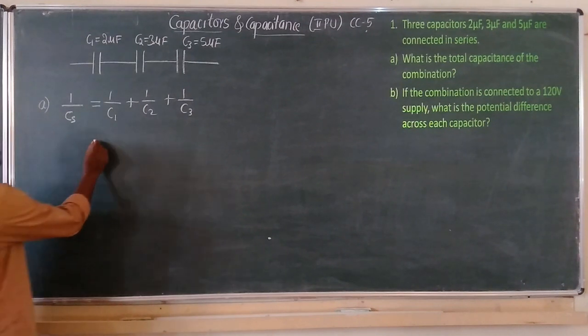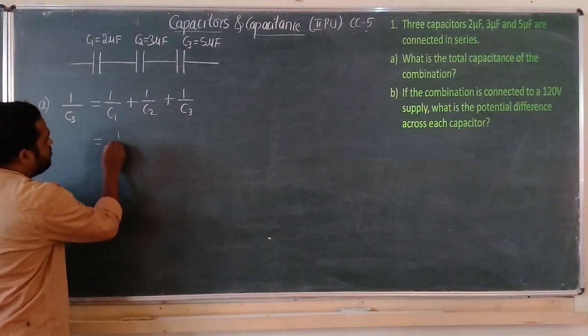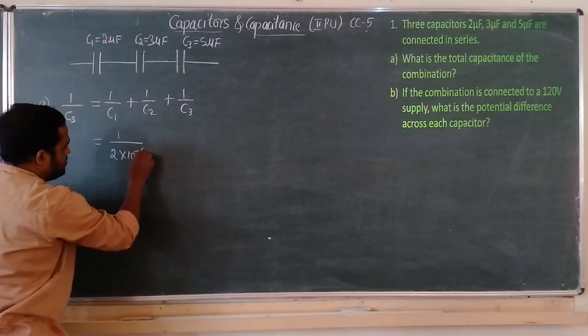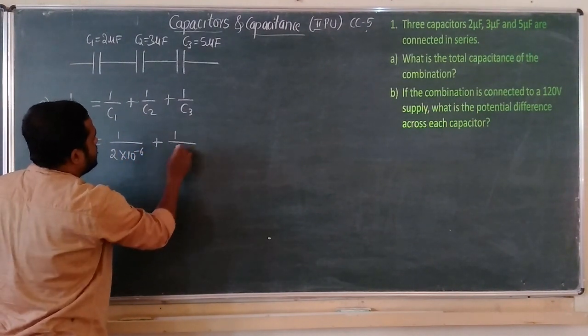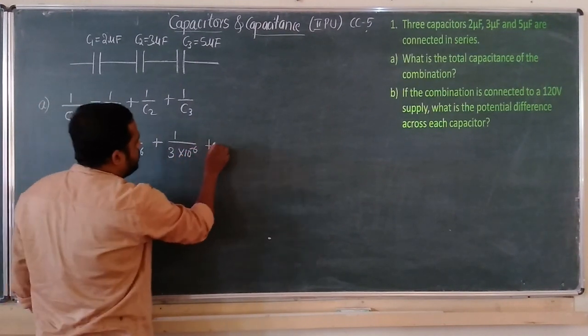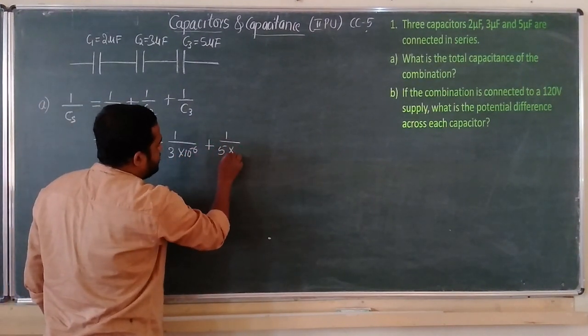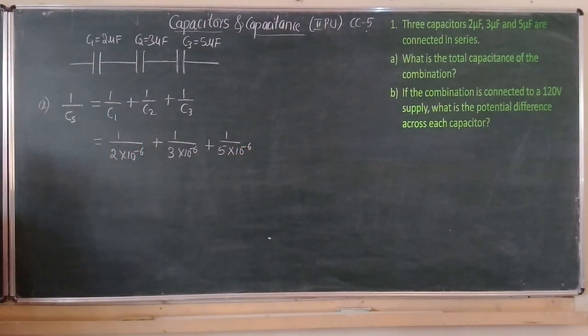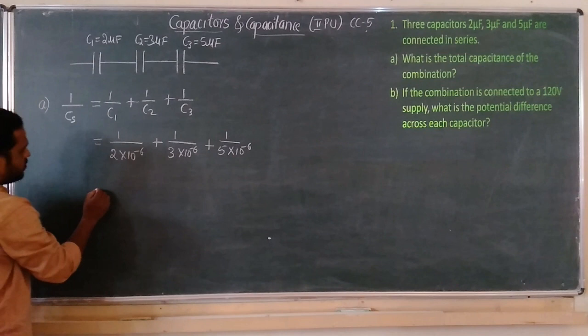Now substitute the values. It is equal to 1 by 2 into 10 power minus 6 plus 1 by 3 into 10 power minus 6, that is C2, plus 1 by 5 into 10 power minus 6.